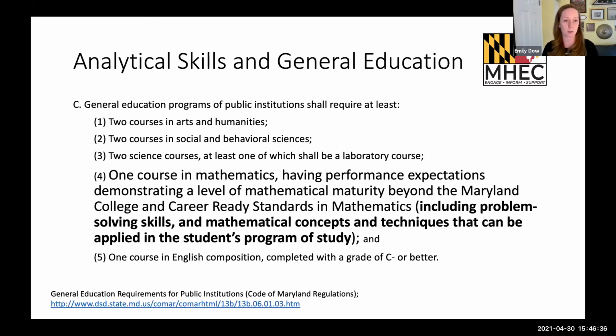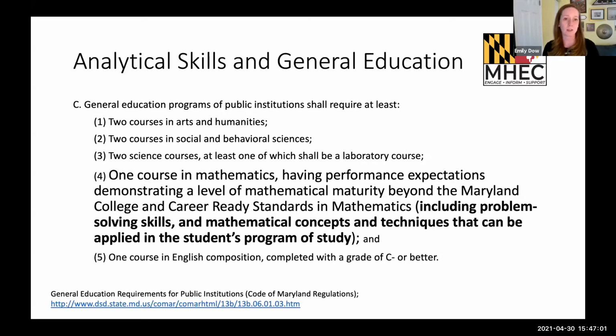And so what you see on the screen here is the current requirements for mathematics in general education at the undergrad level. One course in mathematics having performance expectations, demonstrating a level of mathematics maturity beyond the Maryland College and Career Readiness standards, including problem-solving skills, and mathematical concepts and techniques that can be applied in the student's program of study.